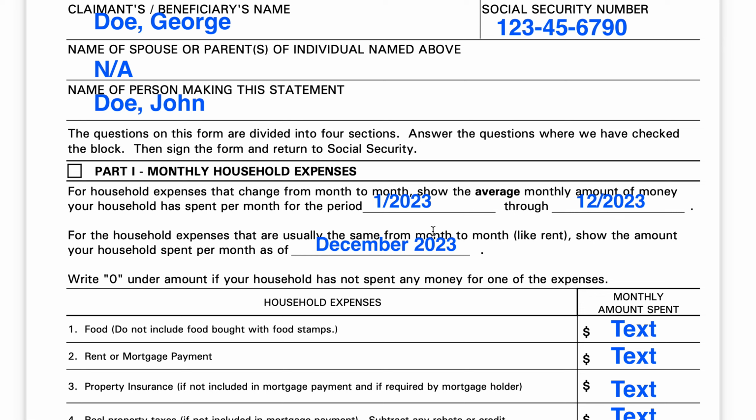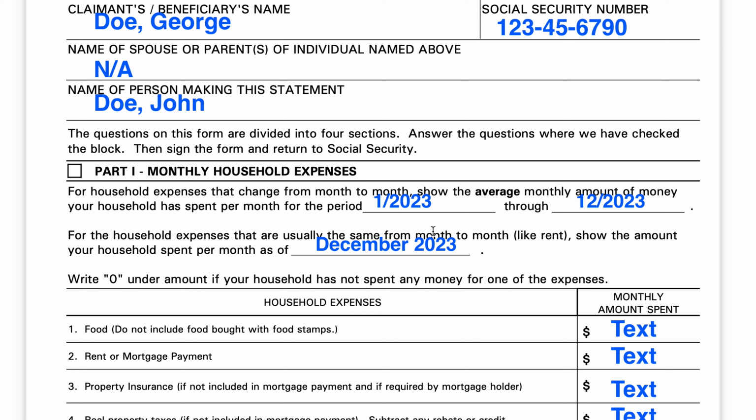So the Social Security Administration has basically fixed and variable expenses that you are asked to provide a monthly amount for. If they're fixed expenses, say you're paying rent, that's pretty straightforward.